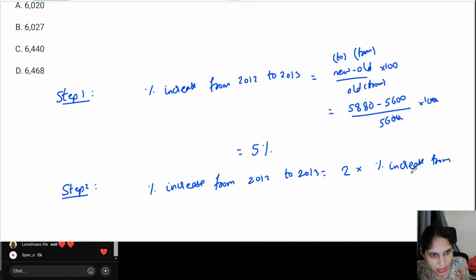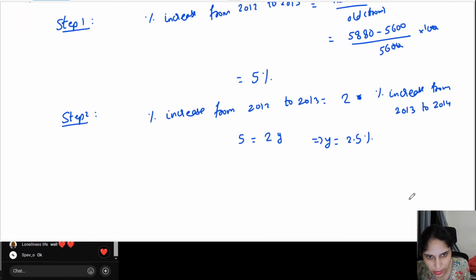You don't have to write all of this. I'm writing so that you are able to understand. So this is 5. And let me call it y. So your y is going to be 5 over 2. So basically there is 2.5% increase.